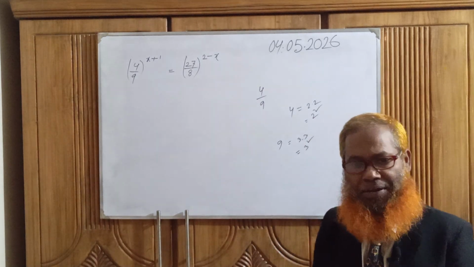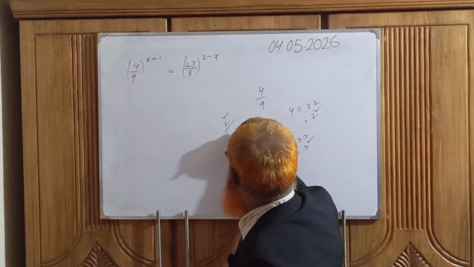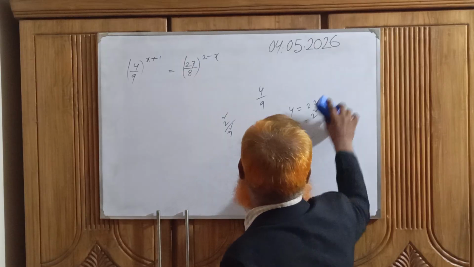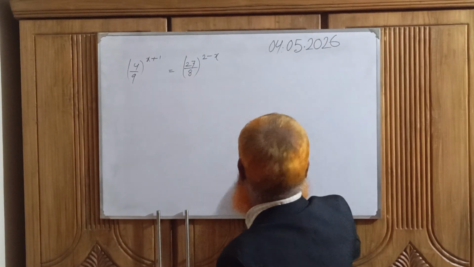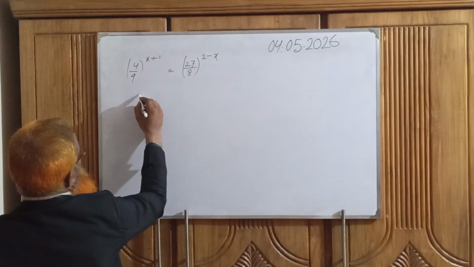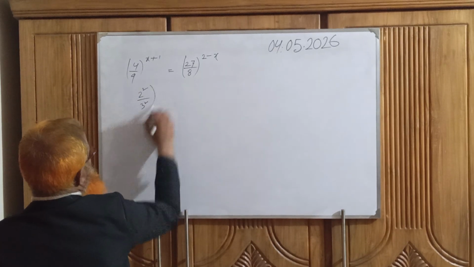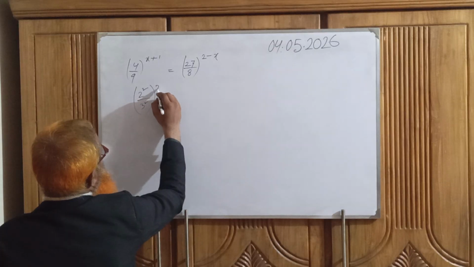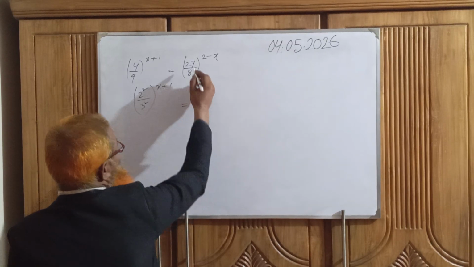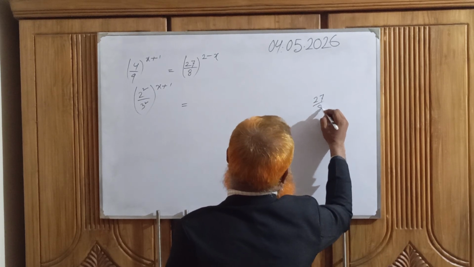So we should write (2 square by 3 square) power of x plus 1 is equal to here 27 by 8.